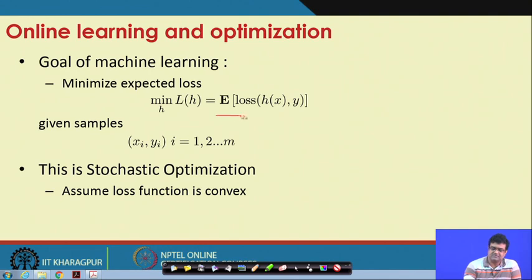The function is of this form: you have a loss function which is dependent on the sample data points. Usually we have a lot of sample data points, and the objective is the expectation or the average over the loss at each of these individual sample data points.